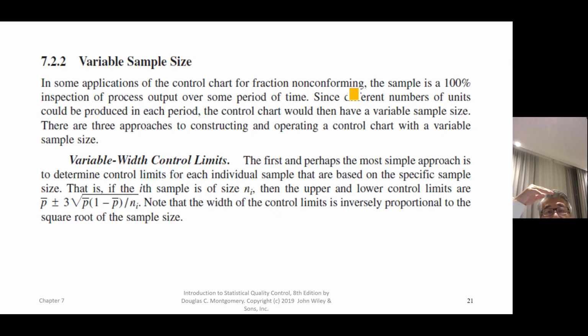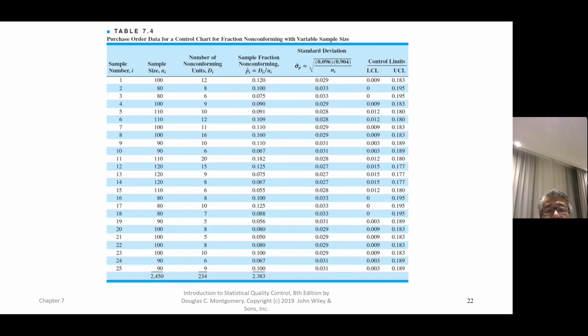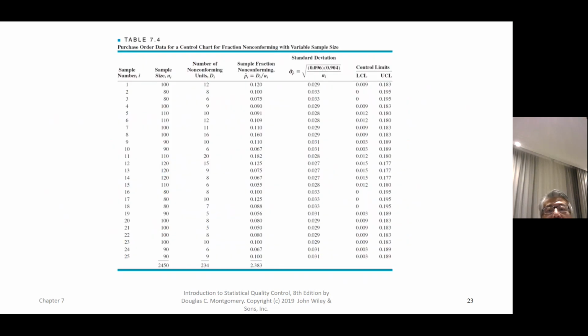So the control limit width will become tighter. This is an example corresponding to 25 samples of purchase order data for a control chart for fraction non-conforming with variable sample sizes. We compute the upper and lower control limits for each one, going up and down.